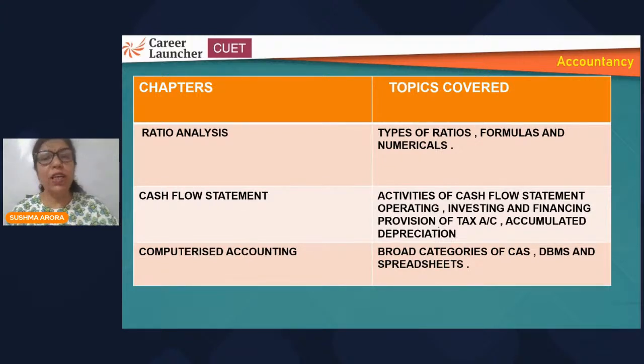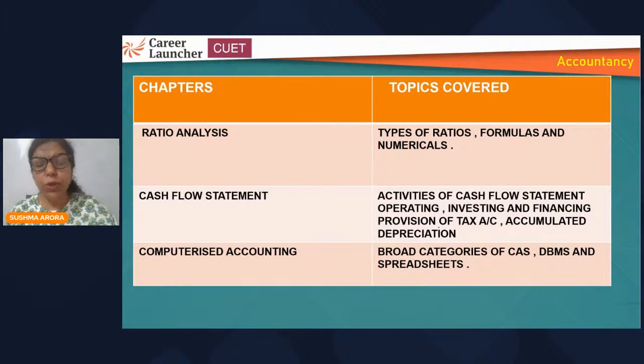Learn the formulas properly. If you learn the formulas, you will be able to do the numericals. Then cash flow statement, activities of cash flow statement: operating, investing and financing, and accumulated depreciation account. Then computerized accounting, broad categories of DBMS, and spreadsheets.